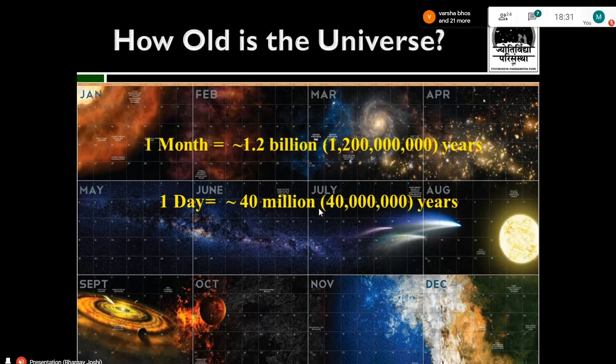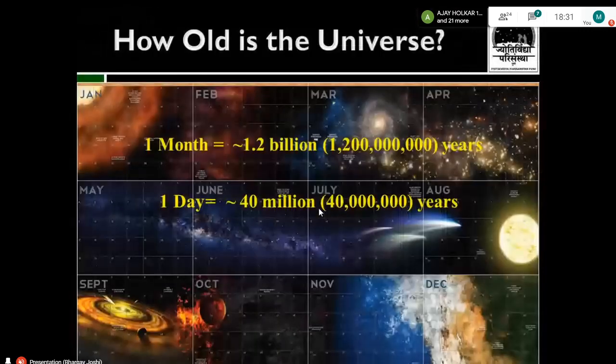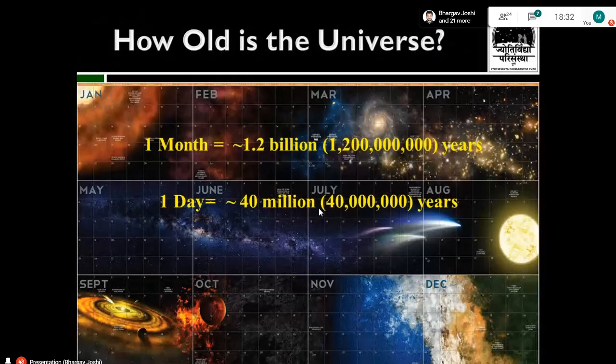Now let's take a look at all the events that have happened on the scale of the cosmic calendar. Our universe began on 1st of Jan, 0 hours, 0 minutes, 0 seconds. There was a huge cosmic inflation, which gave rise to all the things that we know today, the space and time fabric. And that came on 1st of Jan in the cosmic calendar at 0 hours, 0 minutes, 0 seconds.